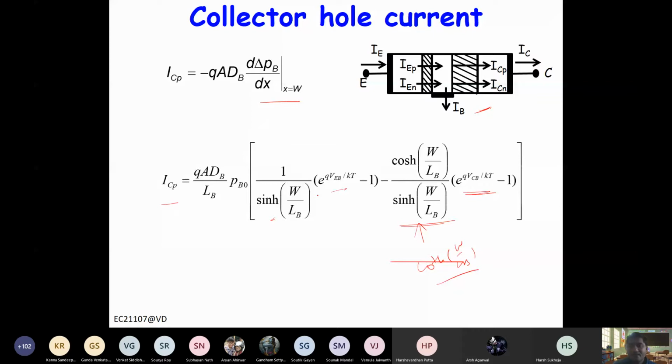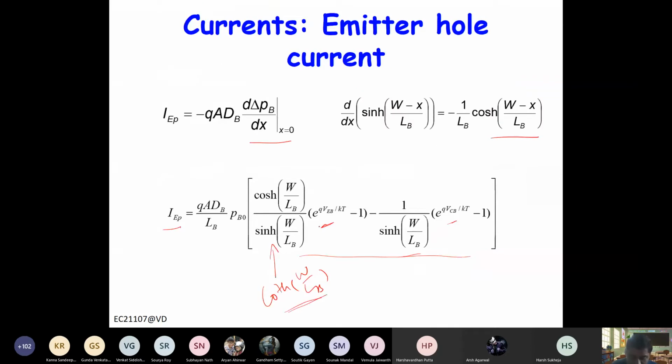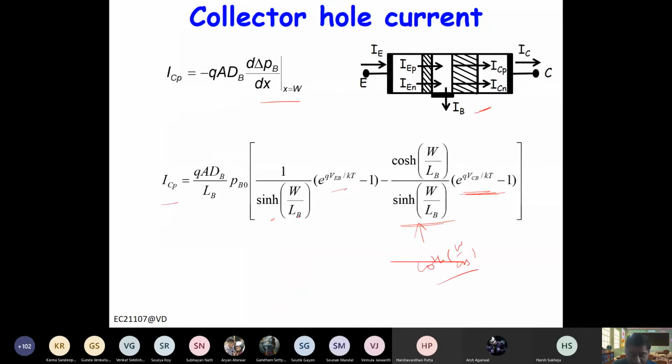Now if we simplify it for forward bias, if VCB is 0 or close to 0, you can ignore this one. So basically IEP will be coth times exponential qVB by kT, and ICP will be 1 by sinh times exponential qVB by kT, right?